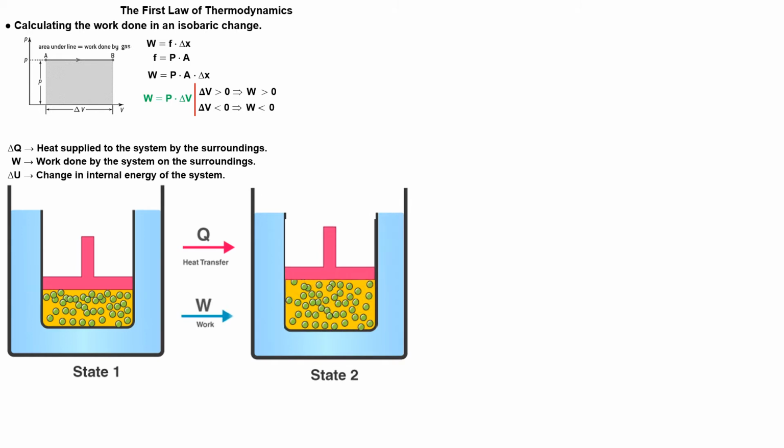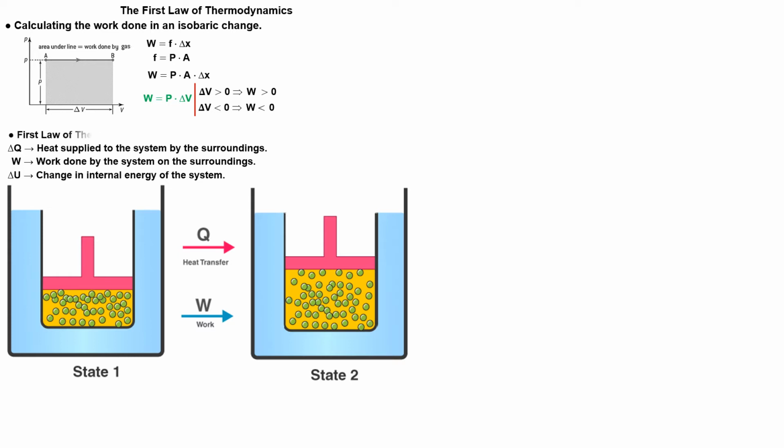According to the law of conservation of energy, energy can neither be created nor destroyed, so the amount of heat added to gas must equal the work done by the gas plus the increase in internal energy. The first law of thermodynamics is the application of the conservation of energy principle to heat and thermodynamic process.